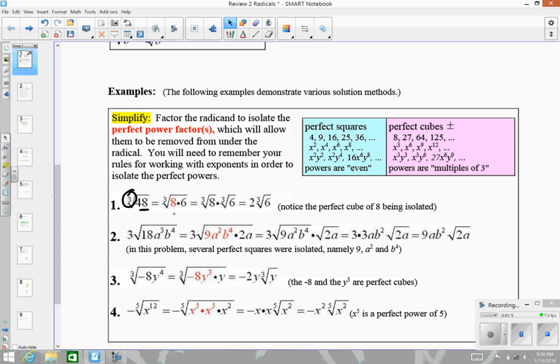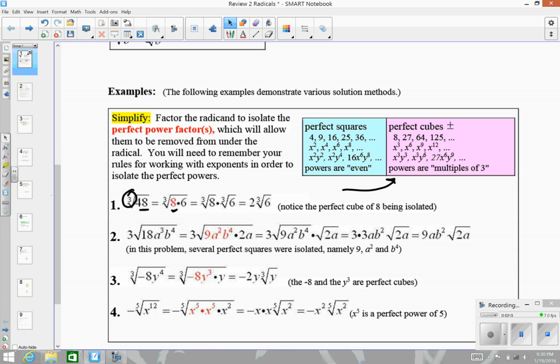So perfect cube numbers include 8, and actually over here we've got a list for you of some typical perfect cube numbers and variables, things you might want to look over. So you want to make sure if your index is some number other than 2, you're looking for perfect either cubes or things to the fourth power depending on what that index is.